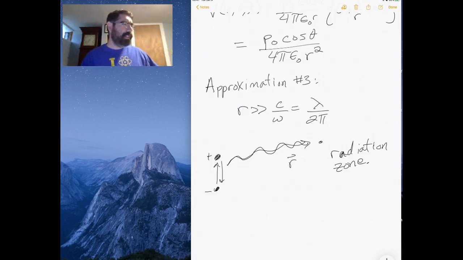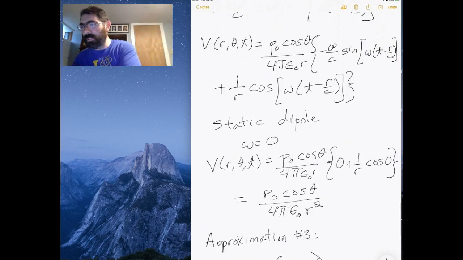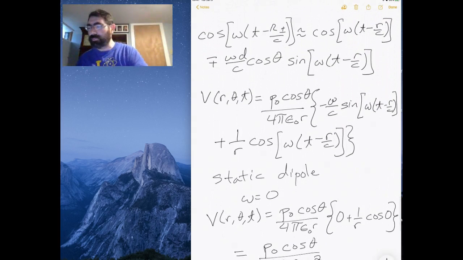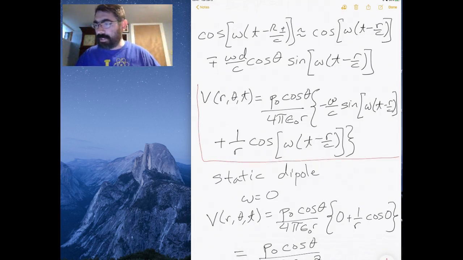So when we do that, how does that help us in what we have here? If I can go back, in this equation right here, how's that going to help us clean this up? So we said that r is much, much bigger than c over omega. So that is now going to clean up our sines and cosines.